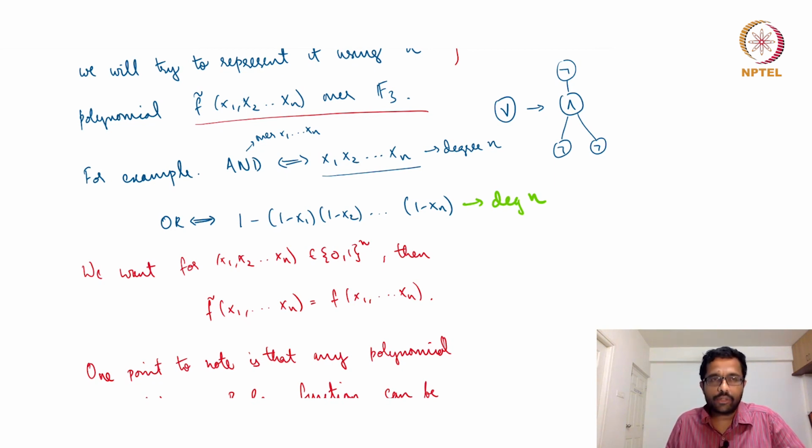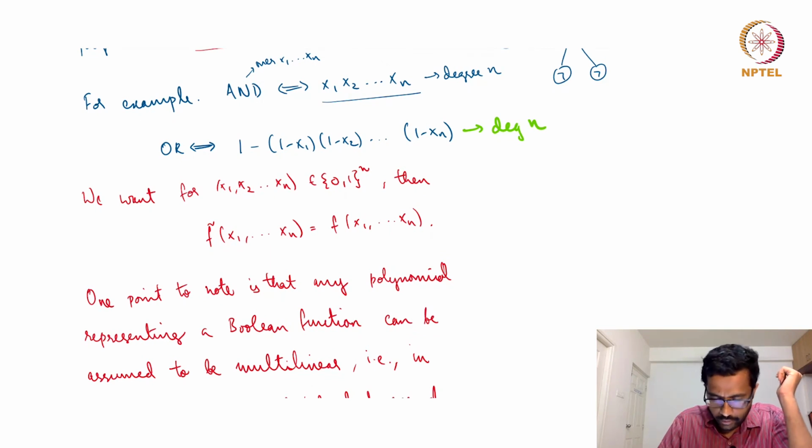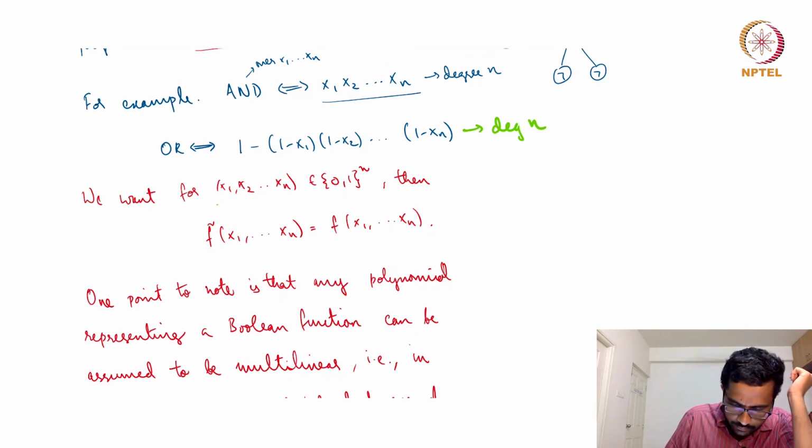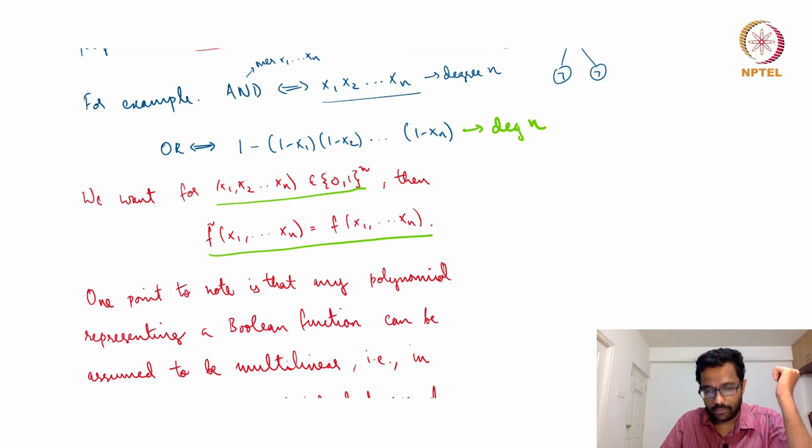We only care about how they behave when the input is a 0 1 vector. So for a 0 1 vector input, we want the polynomial, which is f tilde, to be equal to the actual function. So again, we have seen two examples, AND and OR, and the corresponding polynomials.